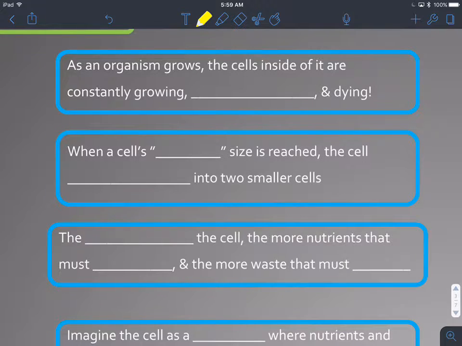As an organism grows, the cells inside of this organism are constantly growing, dividing, and dying. Okay, growing, dividing, and dying. And if you guys recall, when a cell's optimum size is reached, the cell divides into two smaller cells.